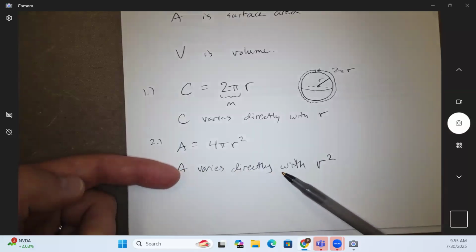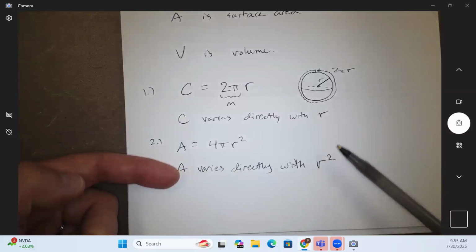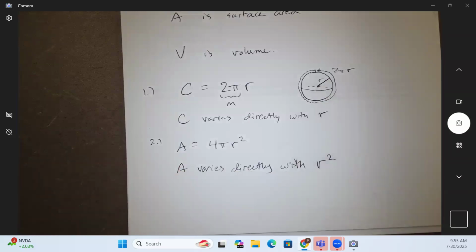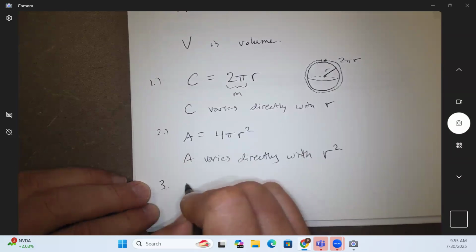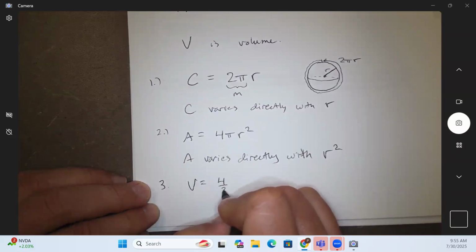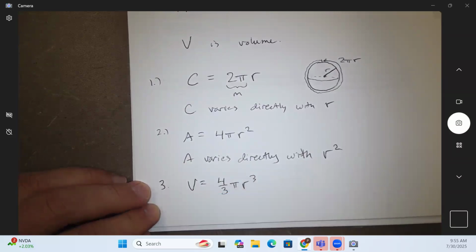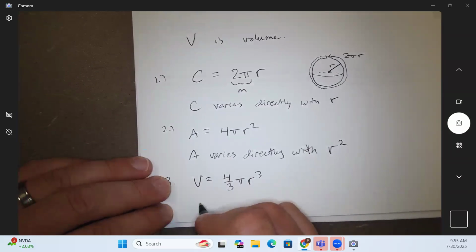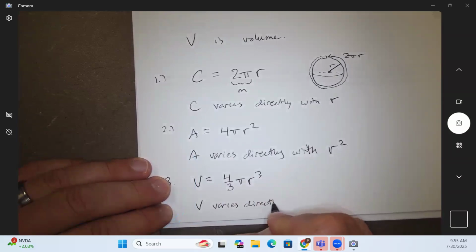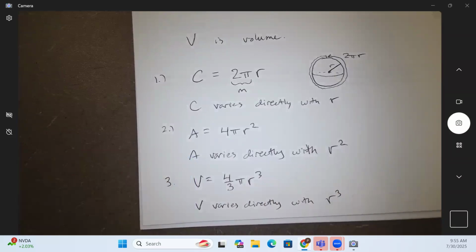Area always varies with the square of your linear measurement. And the volume is 4/3 pi r cubed. Volume varies directly with r cubed.